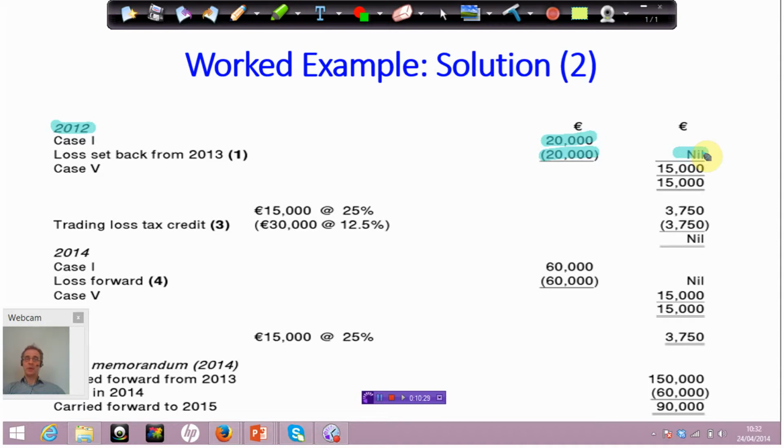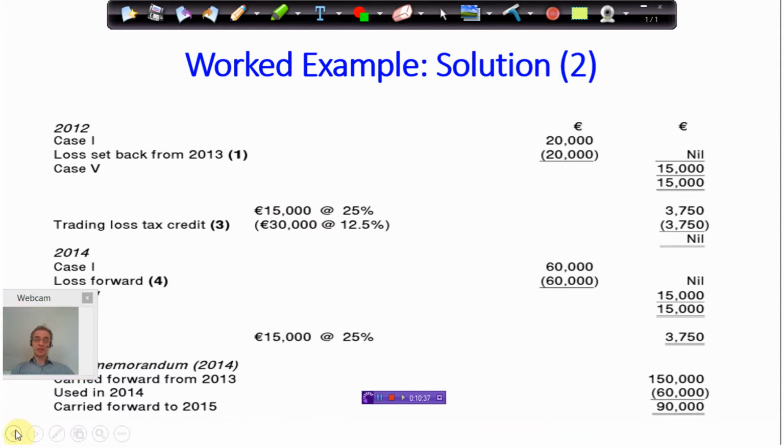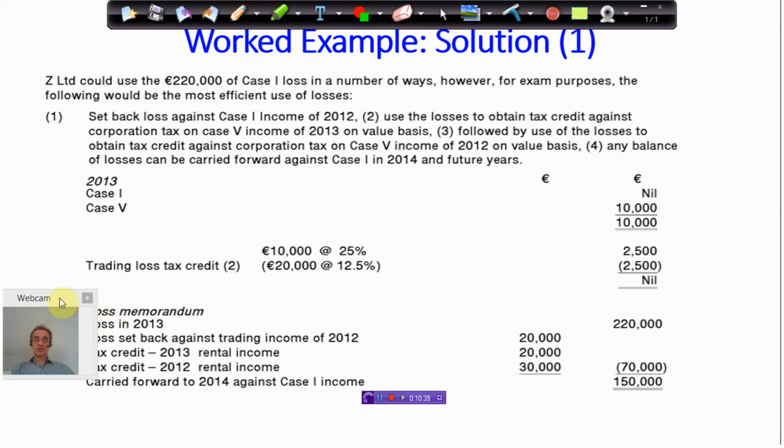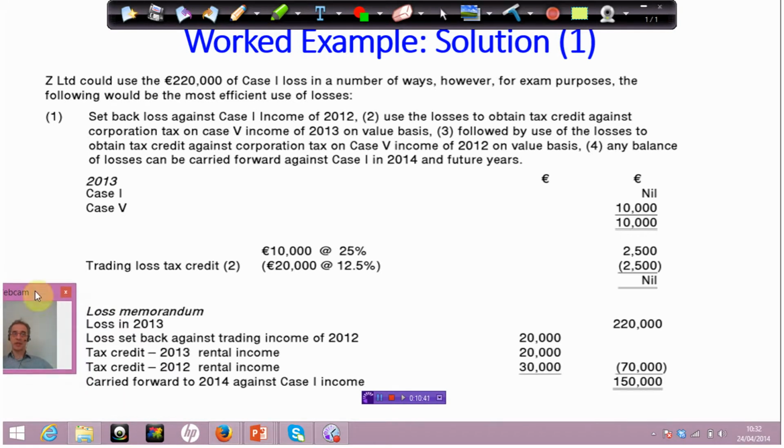Okay, now you remember what we said is that once we've gone back to any trading income in the previous year, the next thing that we have to do, just going back to the previous slide, is to say, okay, we've done the first option, we've found the trading income in the previous year. What we then have to do is to say, well, let's go back to the current year and offset on a value basis against any other income.